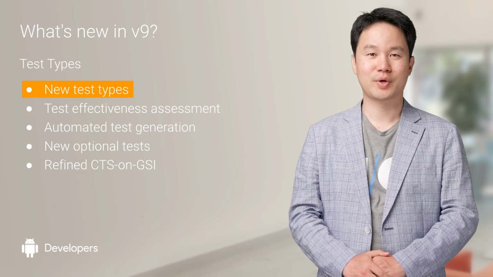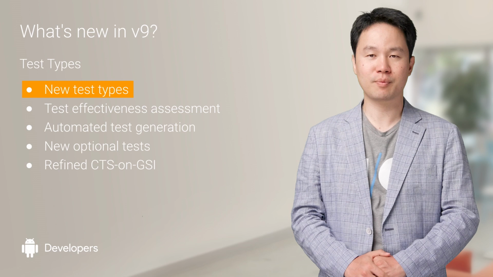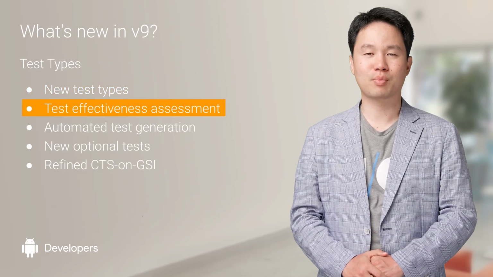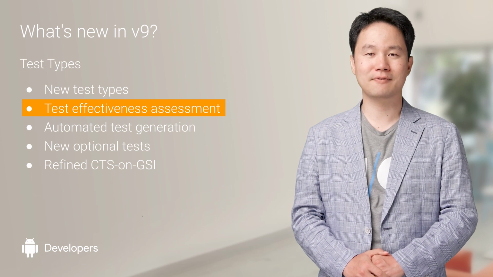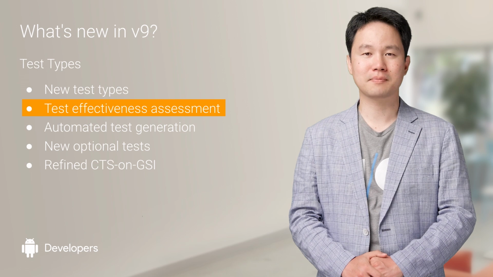VTS tests have multiple new test types that are carefully designed and optimized to increase the vendor interface coverage and its functional test coverage. We selected some of these new test types and added them to the basic test plan. Part of that selection process is based on our test effectiveness assessment works that are extended in V9.